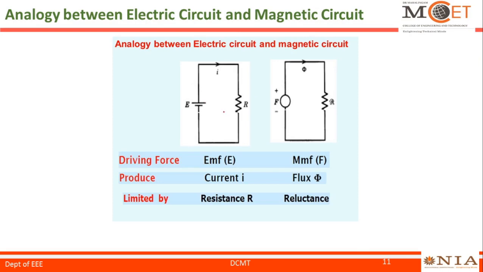In an electric circuit, the driving force is EMF E, which produces the current I, limited by the resistance R. In a magnetic circuit, the driving force is magnetomotive force, which produces the flux phi, limited by the reluctance shown here.